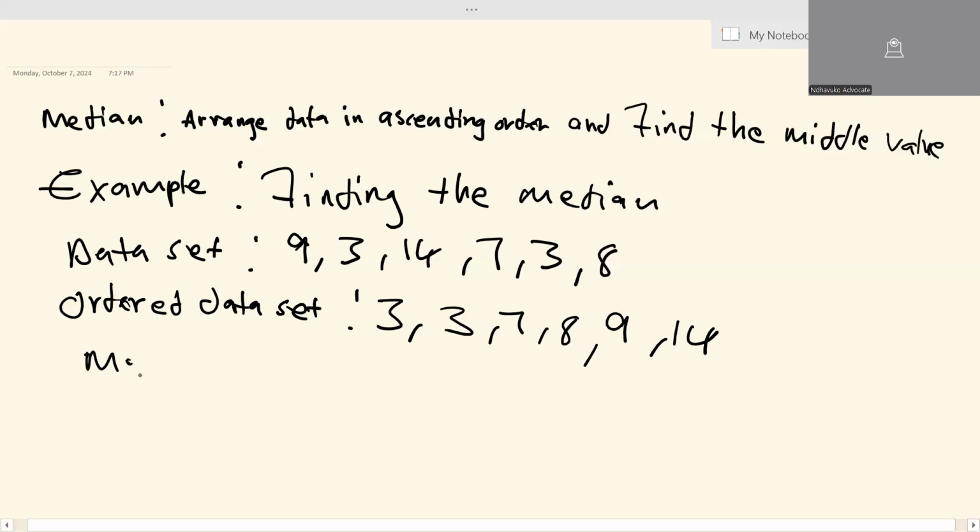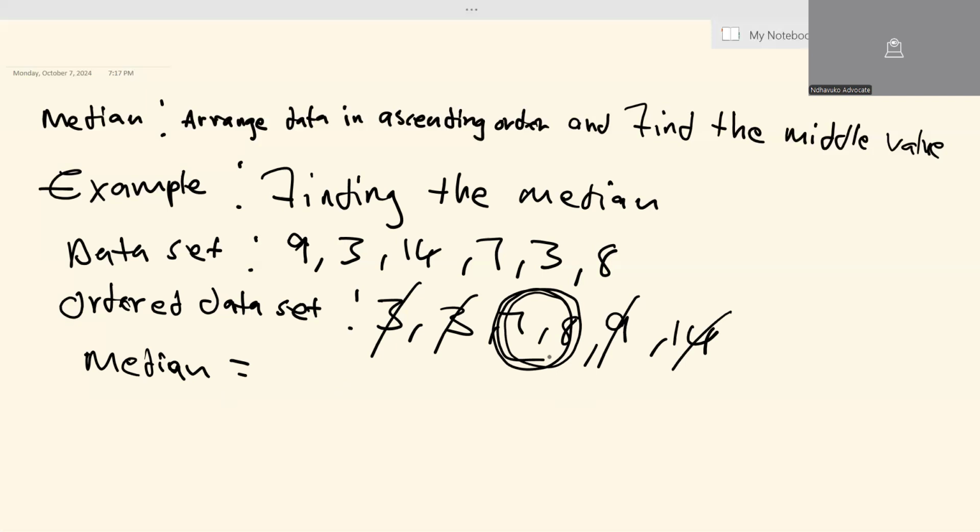Finding the median. Let's go: 3, 3, 7, 8, 9, 14. We have two numbers in the middle here, 7 and 8. I believe you can see that one. So how do you find the median between these two numbers?